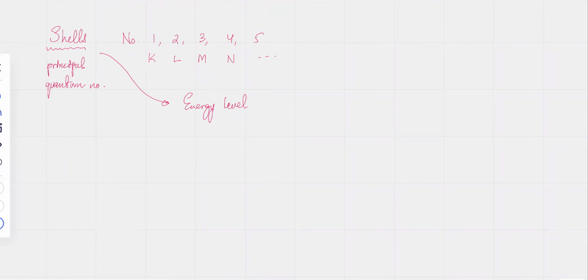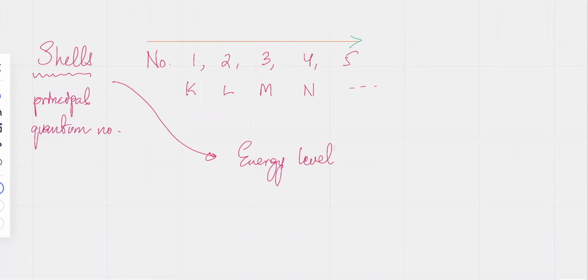So as our shell numbers increased, the principal quantum number, and over here you can see that they are increasing. So what that basically meant was that if the shell numbers increased, that meant that energy levels were increasing.